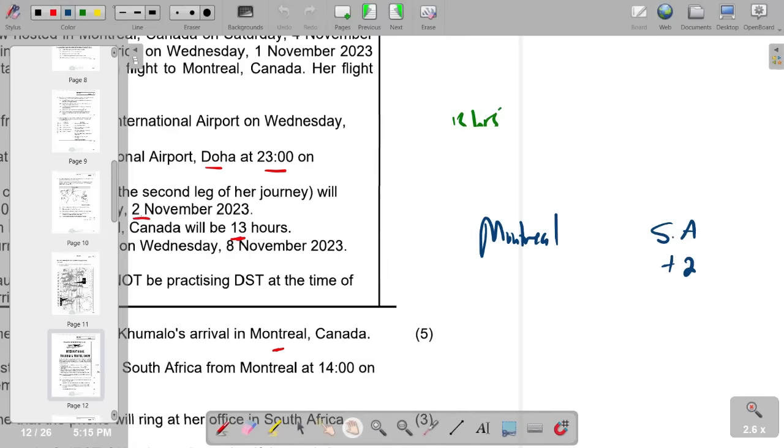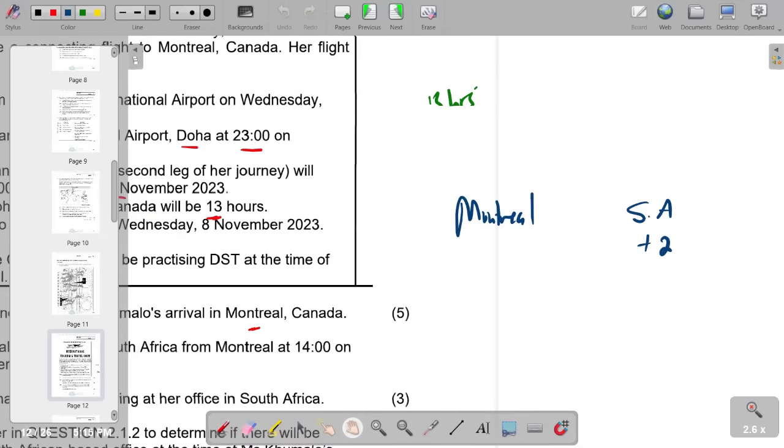So Montreal -5. So the difference between the two, we have got 2 minus -5, which is 2 plus 5. We've got 7 hours. 7 hours difference. So if it's 1400 hours, South Africa is ahead. So it means it's a plus to 1400 hours because Montreal is behind.